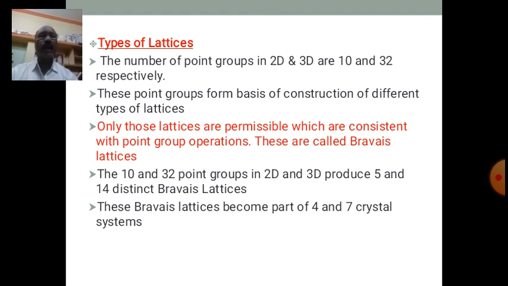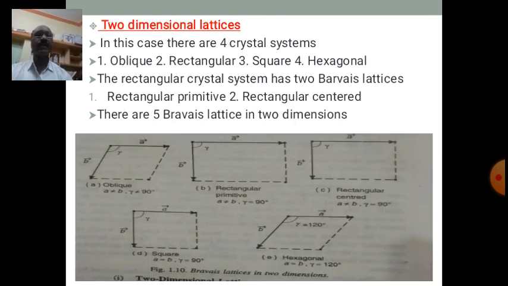So, 4 and 7 crystal systems are possible in 2 dimensions and 3 dimensions. So, there are 5 and 14 Bravais lattices and 4 and 7 crystal systems. These crystal systems contain the Bravais lattices. The 4 crystal systems contain 5 Bravais lattices and the 7 crystal systems contain the 14 Bravais lattices in 3 dimensions.